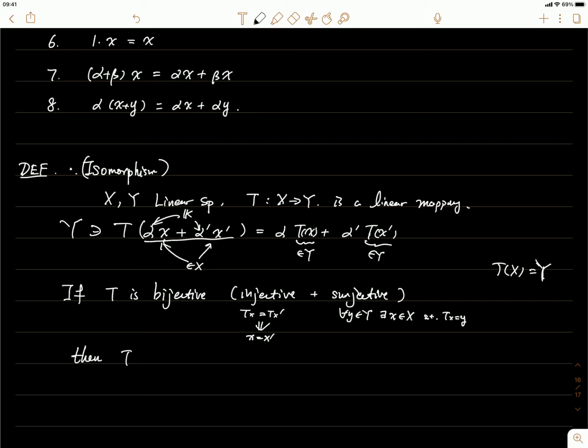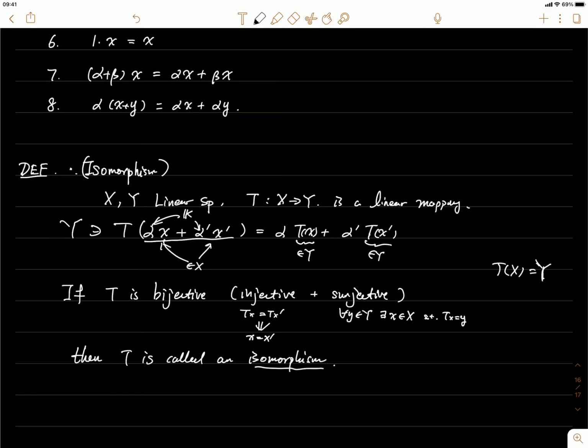Then T is called an isomorphism. Okay, and in this case, we call X and Y isomorphic to each other. So when we say two linear spaces are isomorphic to each other, that means there exists some isomorphism between them.